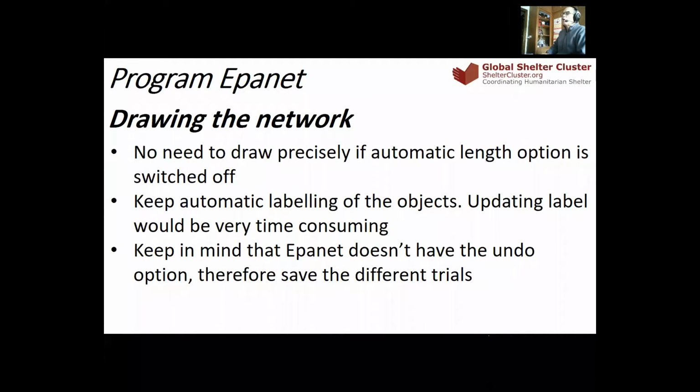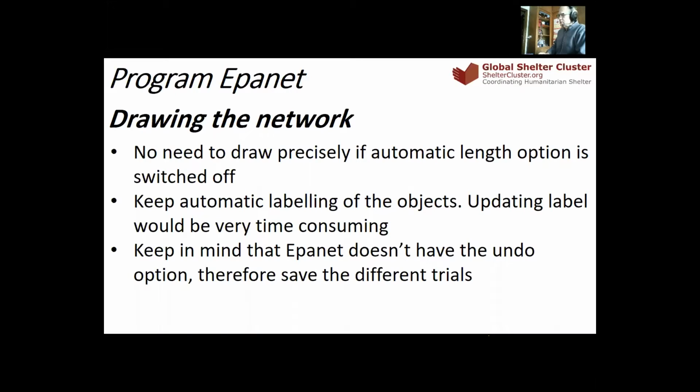If you switch on the automatic length, then you should draw precisely and you should draw to scale. We are not going to see how to work to scale, but if the request is there, we might do that in the future.